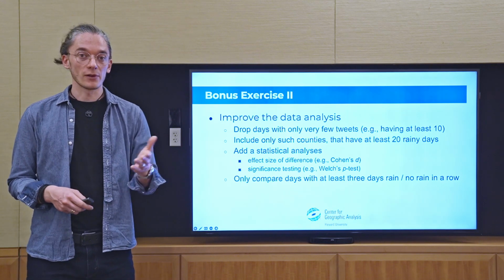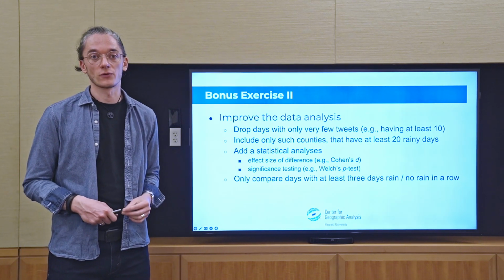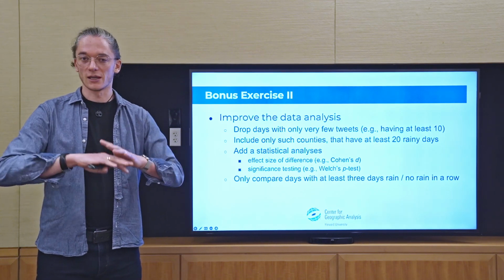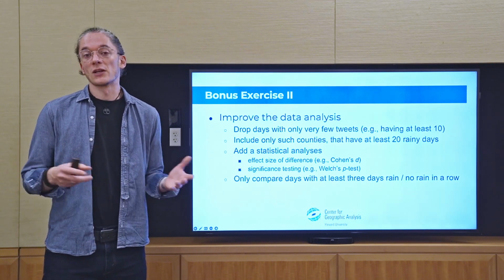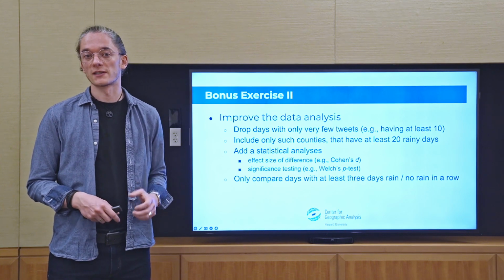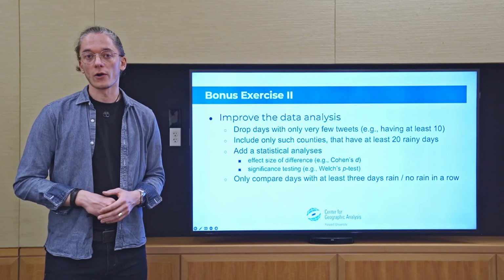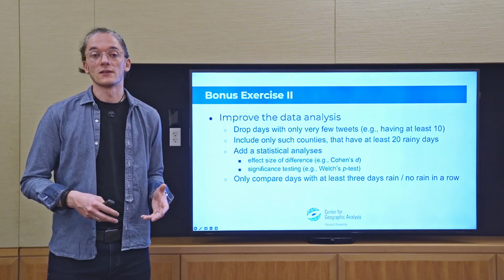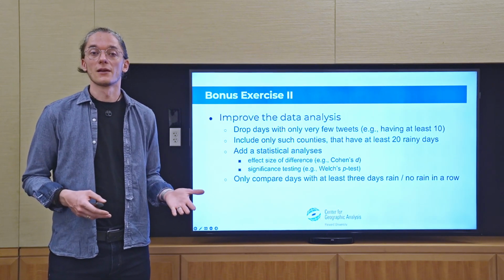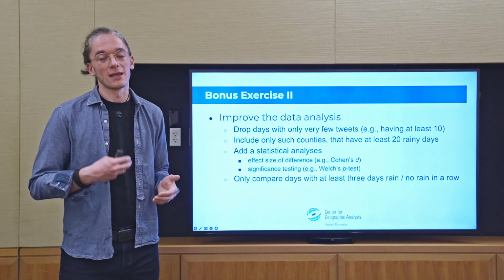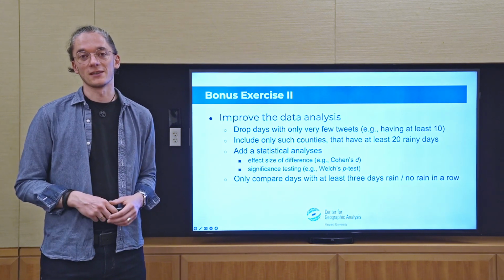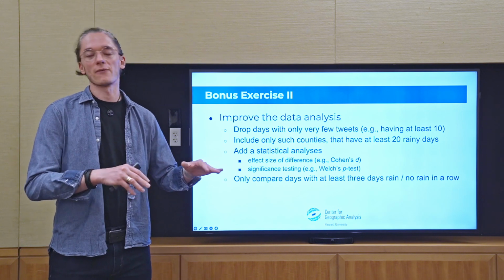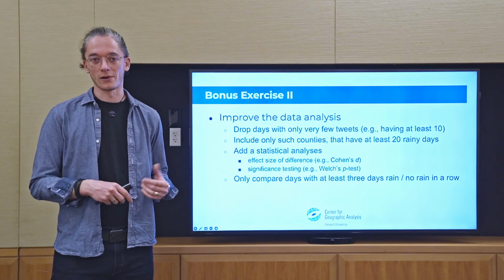For example, I was working with the data of 2022 when I created this workshop, just to have an entire year's worth of data. And 2022 was a particularly hot summer, so there were a lot of instances, especially in deserted areas, counties where we have too few rainy days to really add into this comparison. So here it also makes sense to introduce the threshold to have it a bit better comparable with each other.